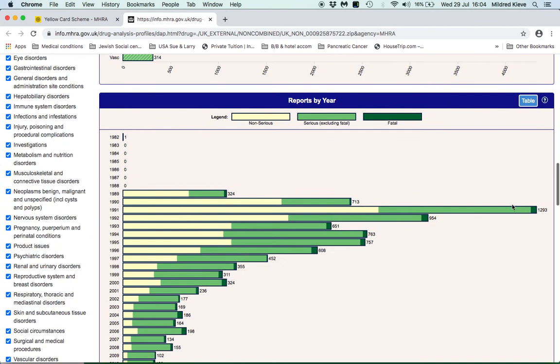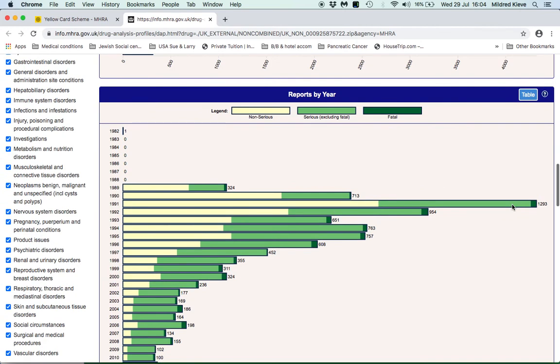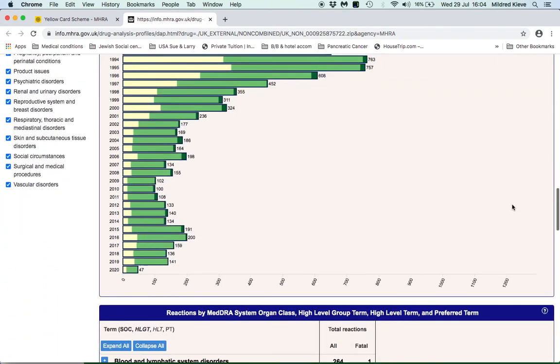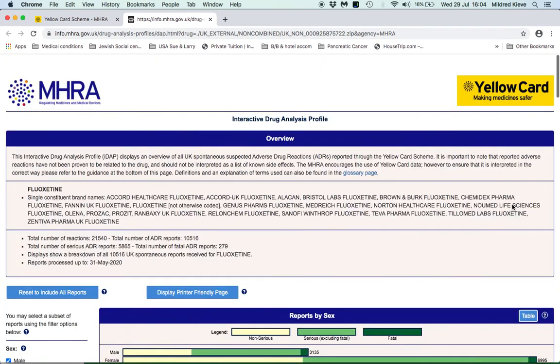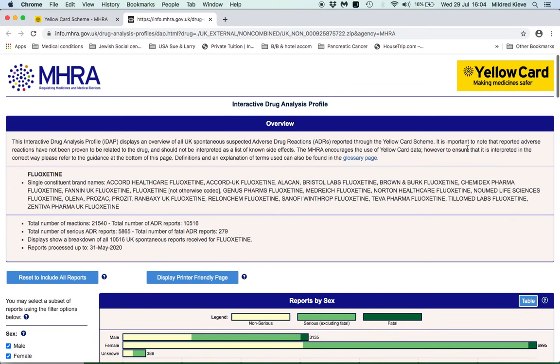And if you think you're having a side effect and your doctor doesn't believe you, you can just take this chart or explain to the doctor how the doctor can check, because unfortunately at medical school very few medical students are even told about the yellow cards.